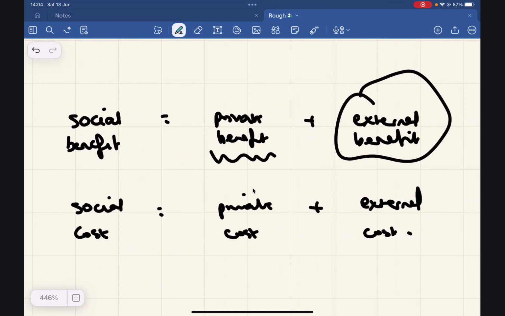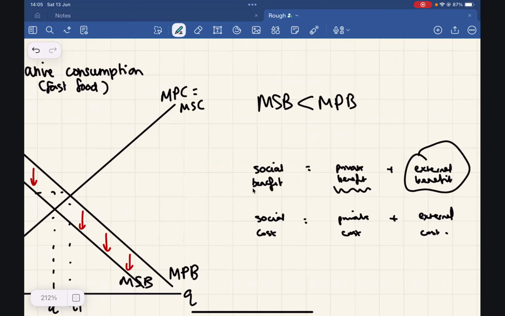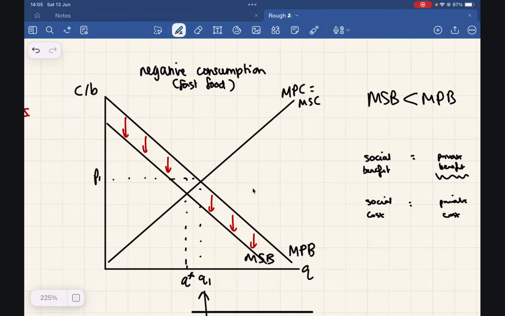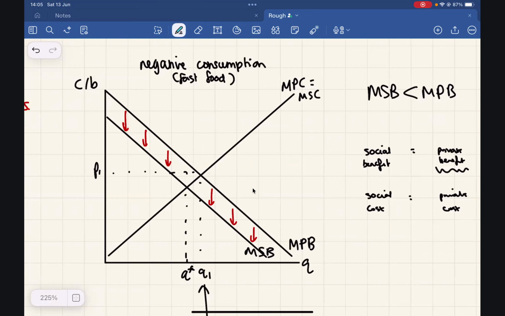One example of the harmful effects of fast food consumption to the third party is an increase in obesity, which increases the burden on the NHS. As a result, the diagram shows the socially optimal quantity is Q star, which is found where MSB equals MSC. Therefore, the diagram shows there's an overconsumption of fast food in the free market.